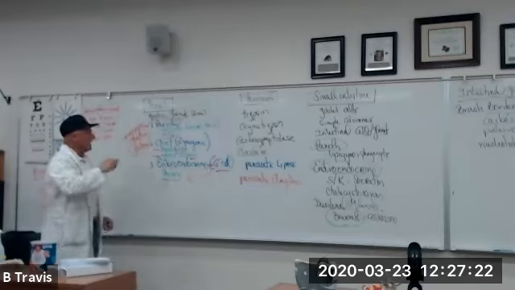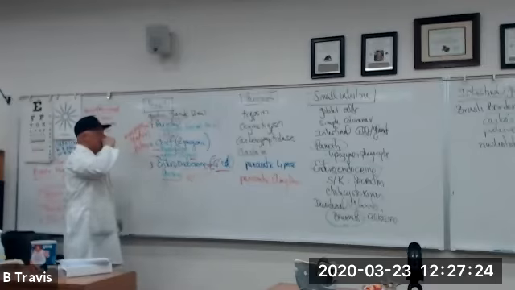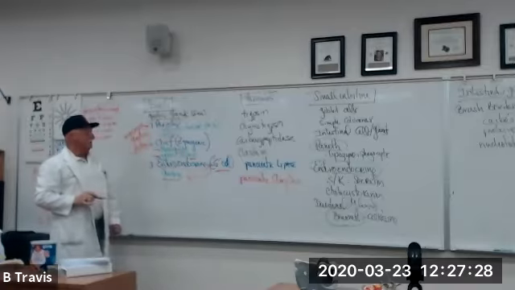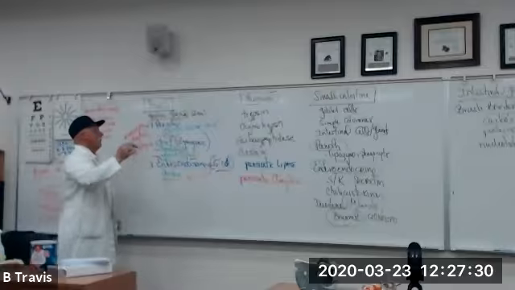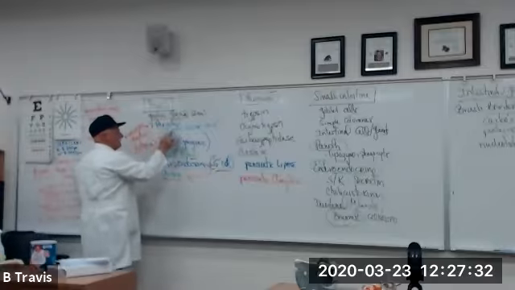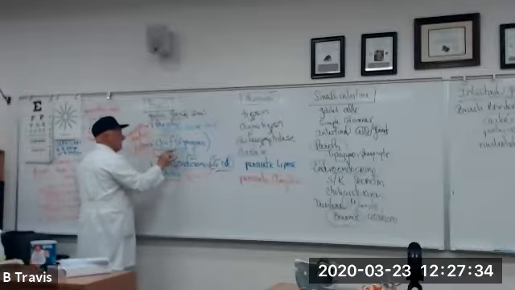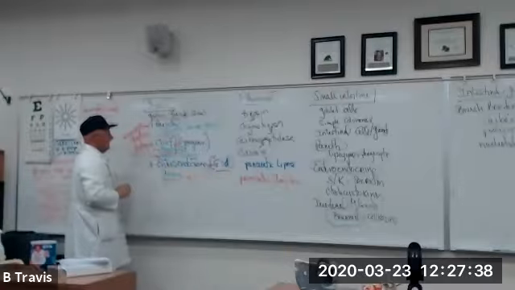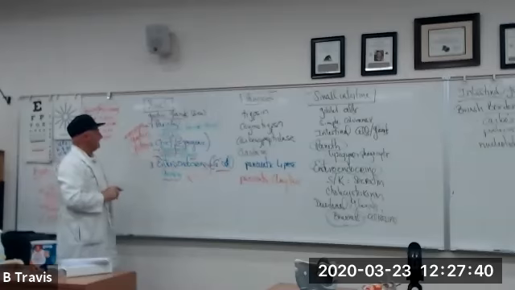In the presence of gastrin, parietal cells secrete HCl, and chief or zymogenic cells produce pepsinogen. In the presence of HCl, pepsinogen becomes active in a form called pepsin, and that breaks down the proteins.